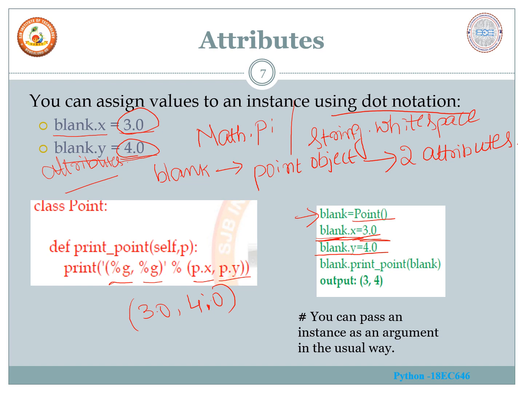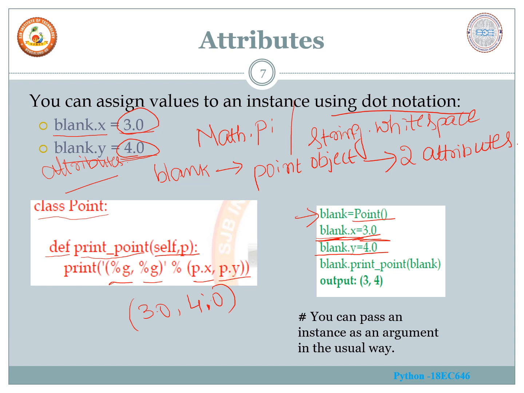Say for example, I have a class which is nothing but a point. I have defined print underscore point. So this is a function that you are calling or using, to which you are passing an argument.